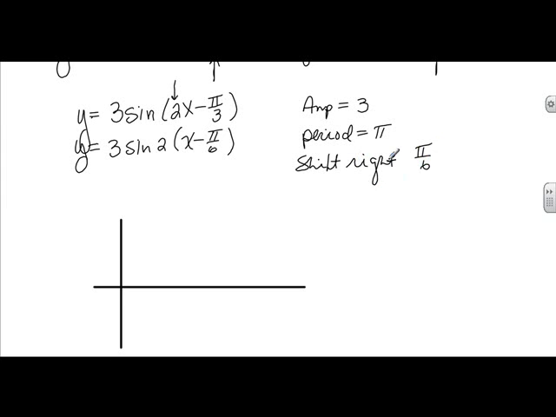So if we're going to sketch one complete period, normally the period would go from 0 to pi if the period is pi units long, and we would need the point halfway in between there at pi over 2, we'd need the point at pi over 4, and we'd need the point at 3 pi over 4.